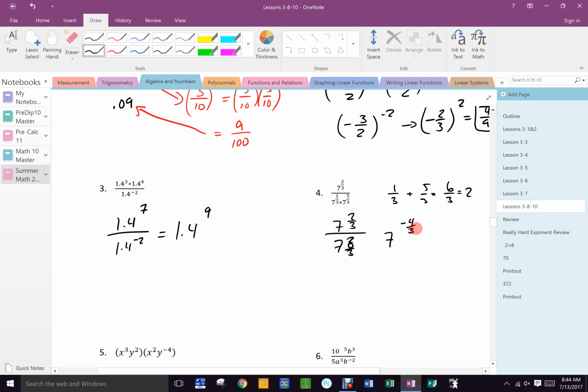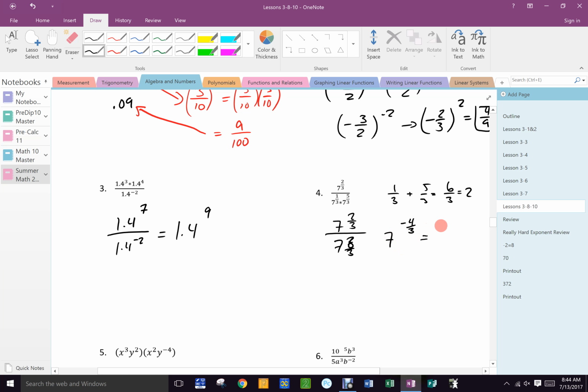Yeah? Do we know what to do with negative exponents? Yes or no? We know what to do with negative exponents. Do we know what to do with fractional exponents? You guys are mixing things up. Negative exponent does what to this 7? Flips it.